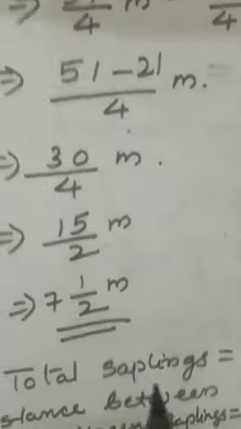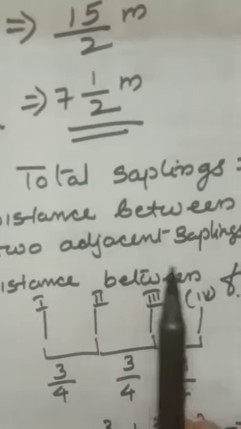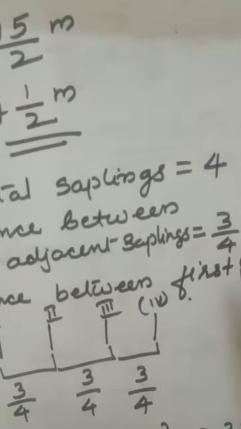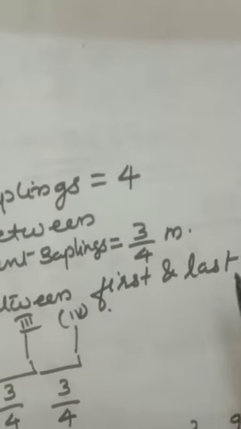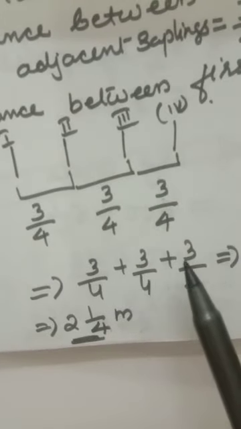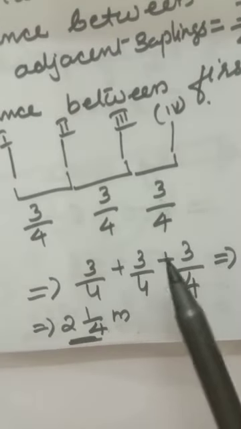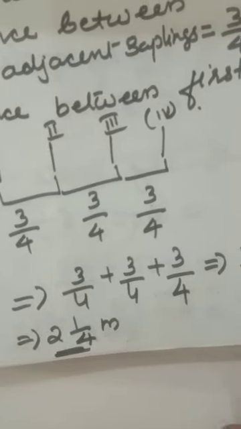You have to write the steps. Total saplings 4. Distance between 2 adjacent saplings equal to 3/4. Distance between first and last saplings equal to 3/4 plus 3/4 plus 3/4, that is 9/4, that is 2 and 1/4 meter.